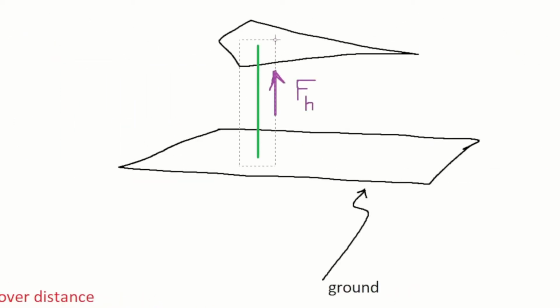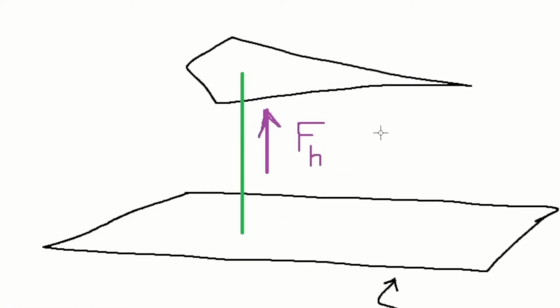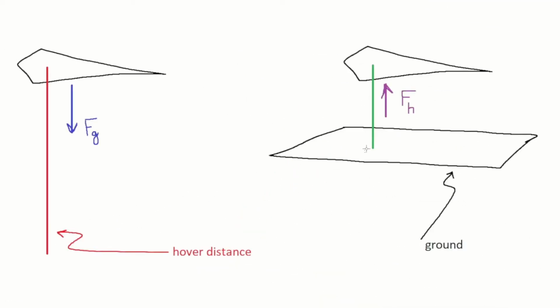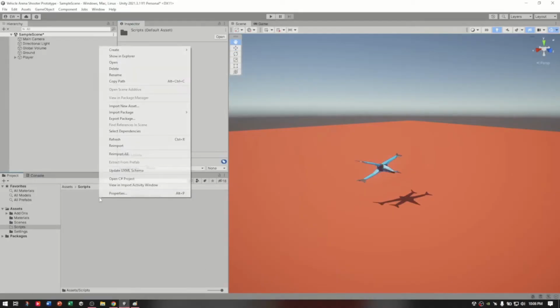If the raycast does detect something, it'll apply a hover force upward, and that will just keep the spaceship from actually hitting the ground, ideally. And after it goes up a certain distance, the raycast will no longer be long enough to detect the ground, and so it'll fall back down, and so it'll stay around this equilibrium, which will be hover distance. And so let's implement that real quick.